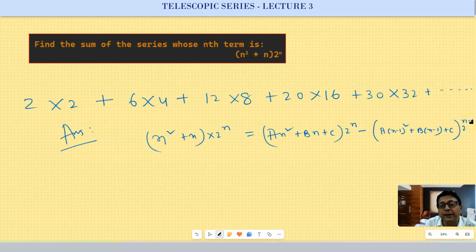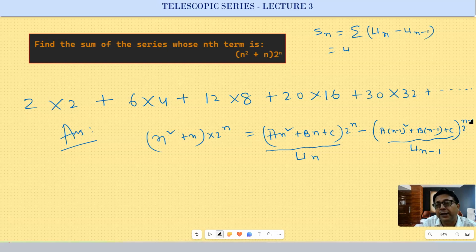So what is our plan? We want to express this one as un, then this is going to be un minus 1. And when Sn is the summation of this thing, we have seen in the first video how to write the sum here.